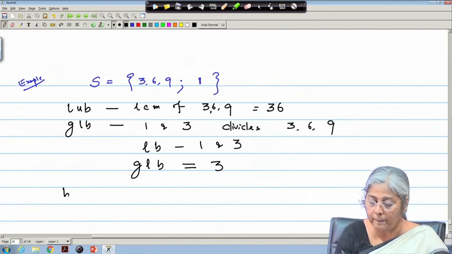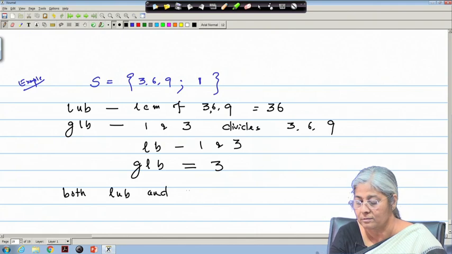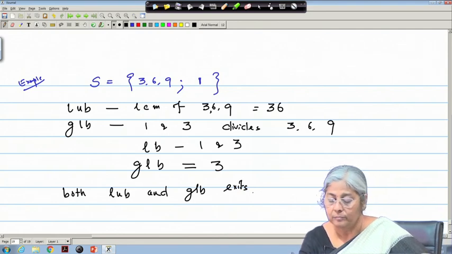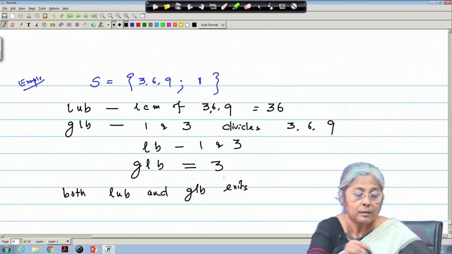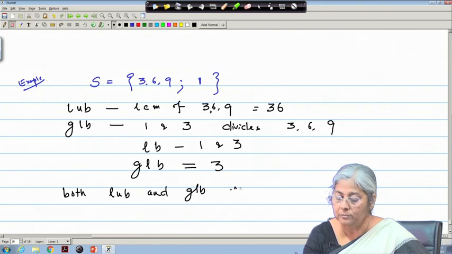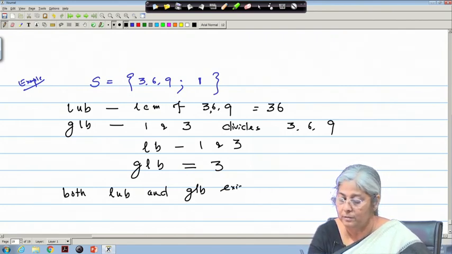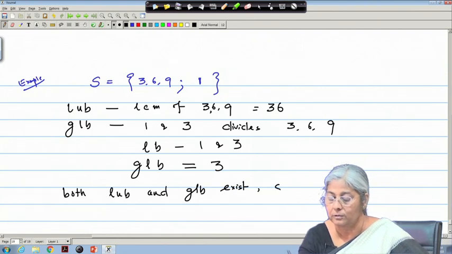Both LUB and GLB exist, and it forms a lattice.